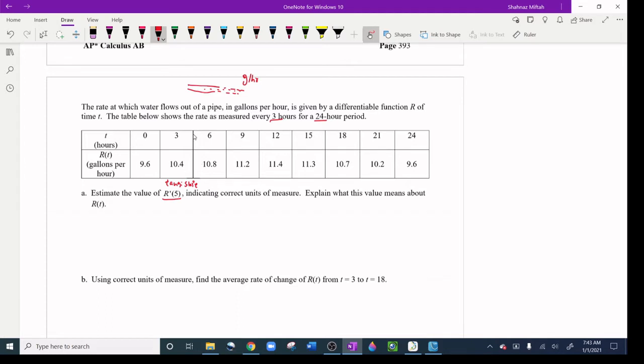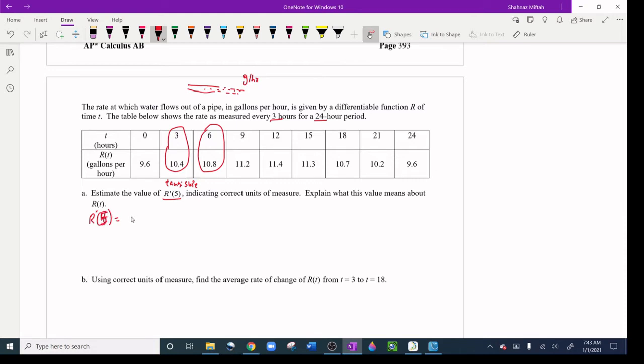So 5 is between 3 and 6. So I'm going to pick this ordered pair, and I'm going to pick this ordered pair. And I will do f of b minus f of a. R prime of t equals, not t, it's supposed to be 5.